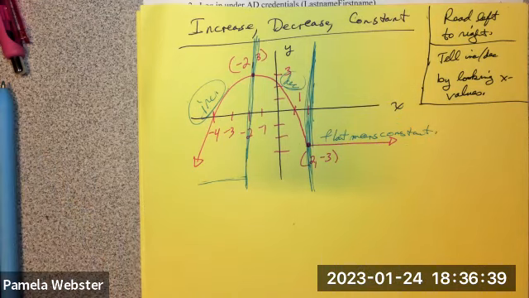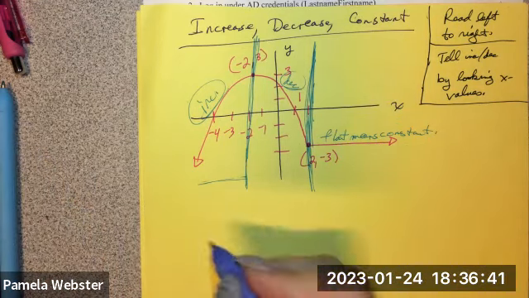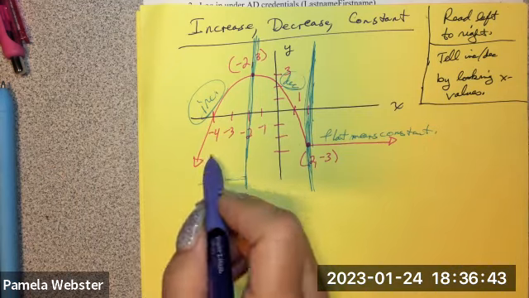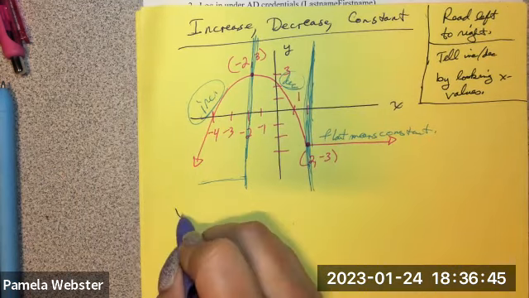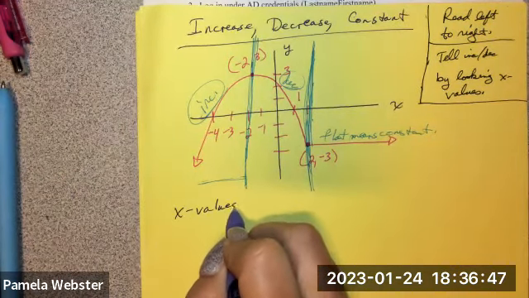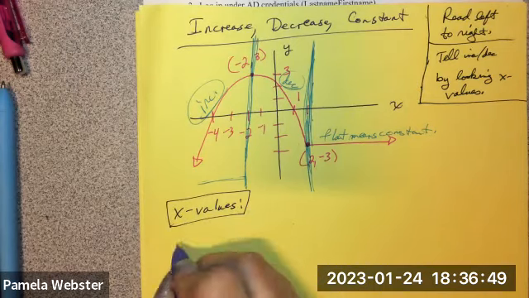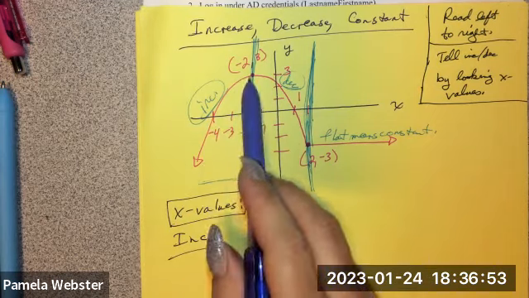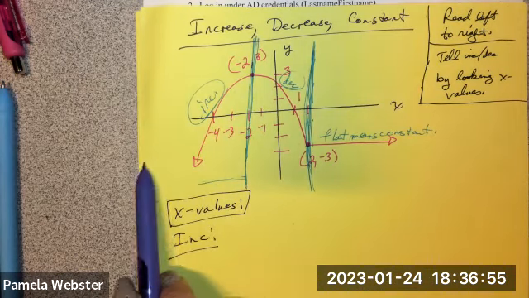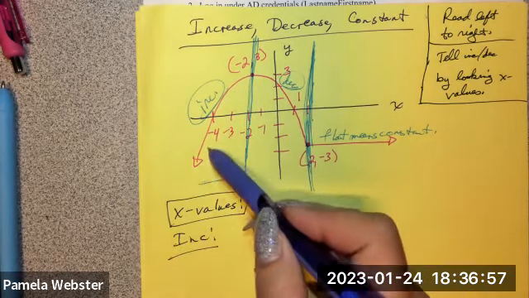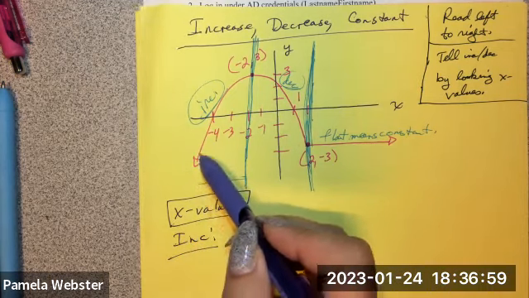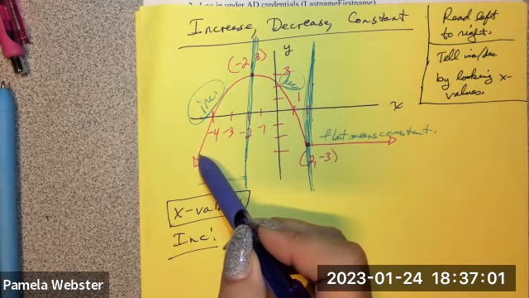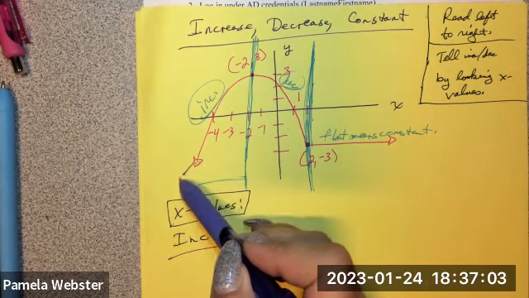Okay. So as I look here, I say, okay, read it from left to right. So we're going to talk x values when we're talking increase and decrease. So my increase here, it's going up between what's the x value as this arrow goes down and over, down and over. Remember, arrows are forever. So this means forever, right?